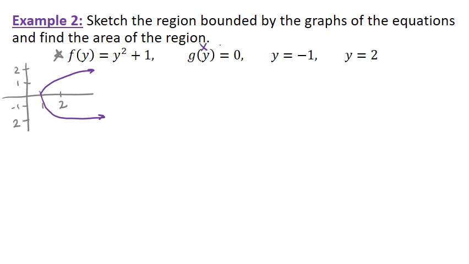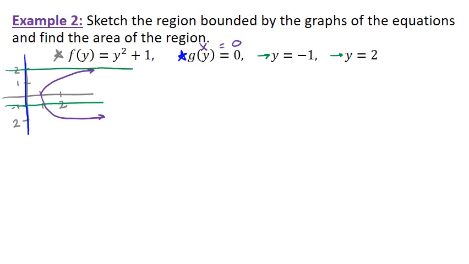This is just saying x is equal to 0, so we go through the x-axis at 0, which is really the y-axis. Then we have y equals -1, so that goes through the y-axis at -1. And then I have y equals 2, so that goes through the y-axis at 2.